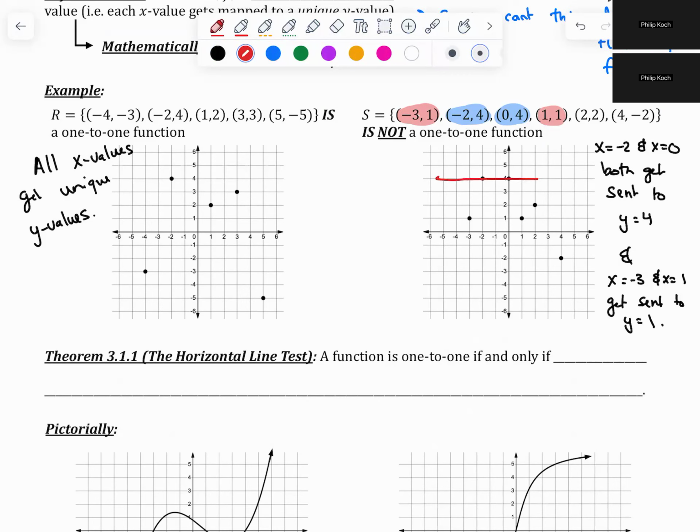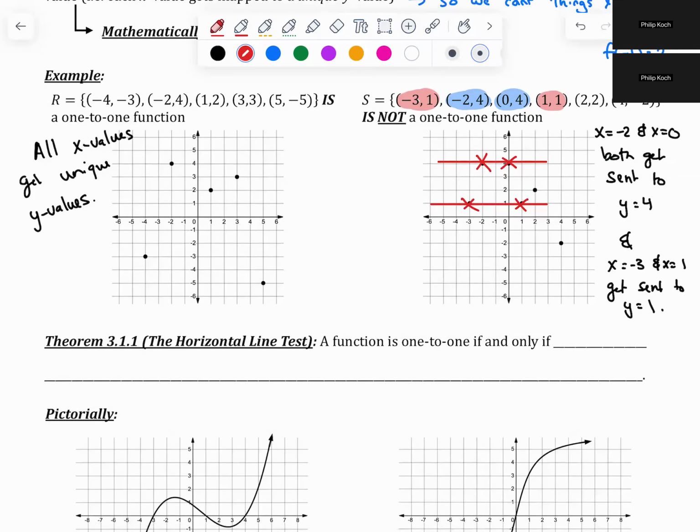If you draw a horizontal line through this graph, it crosses twice here. Remember, a horizontal line is y equals that number, so in this case, y equals 4. Every point on that line has the exact same y value. That's the problem. This is why it's not one-to-one, because it crosses at more than 1 point.